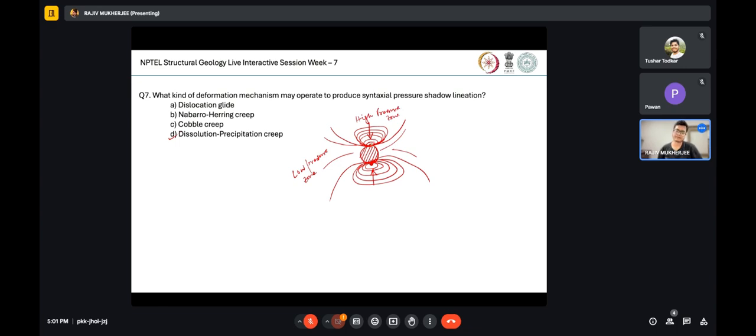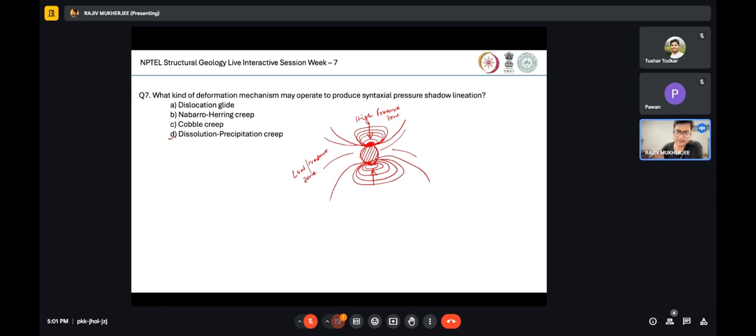So since the stress is high at this point, the trace elements responsible for diffusion, they will become mobile because of the high stress acting on that point.